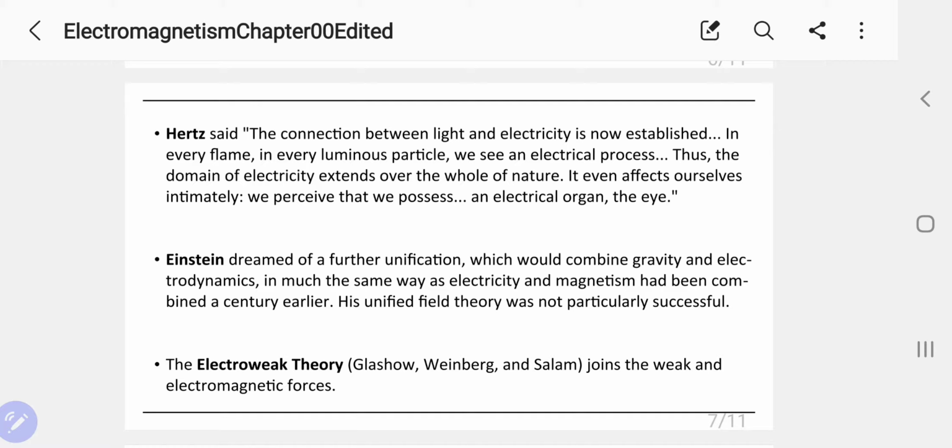Then, in the later part of the 20th century, in the 1960s, electroweak theory was successfully created by Glashow, Weinberg, and Salam. They all got the Nobel Prize for this. They were able to combine weak forces and electromagnetic forces. And they're particle physicists.